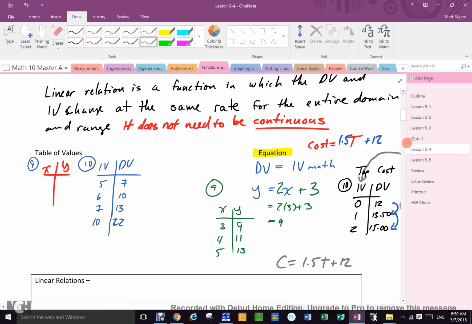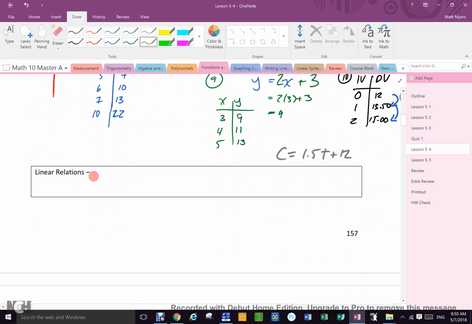All right, so linear relations. There's 4 ways. 1, you can graph it. 2, you can have a table of values. Some of you call those tables of values T-charts.